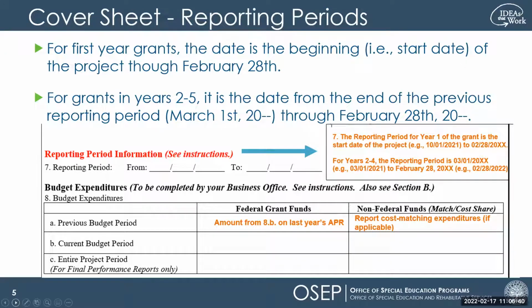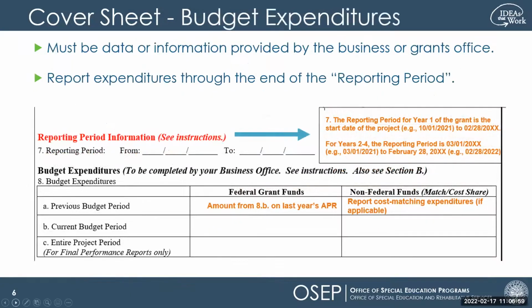For grants in years 2 through 5, it is the date from the end of the previous reporting period, such as from March 1st, 2021 through February 28th, 2022. The reporting period is typically from March 1st to February 28th.